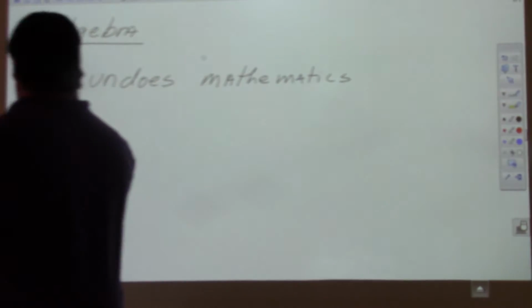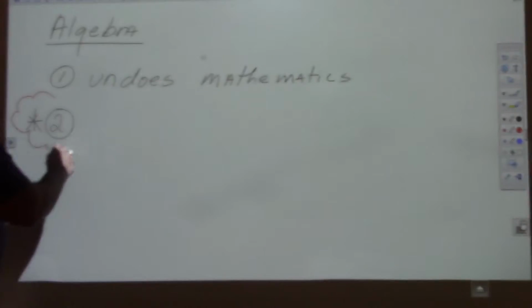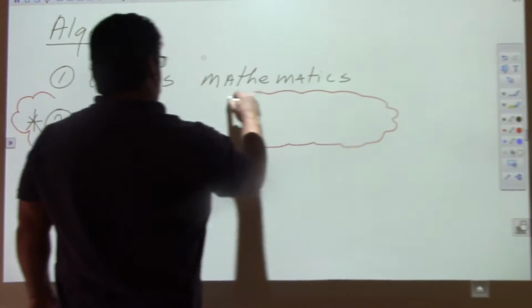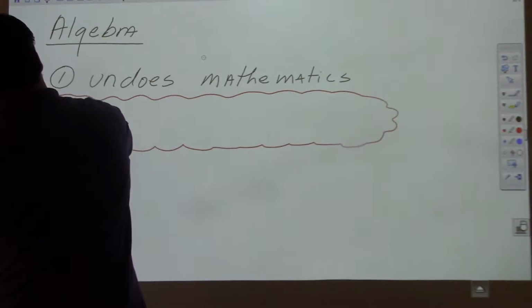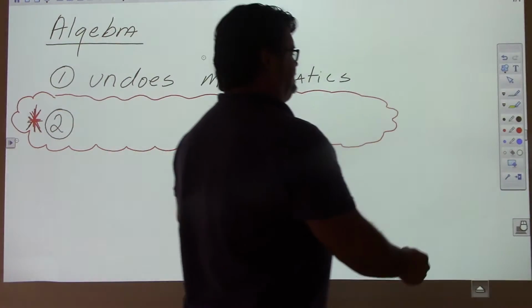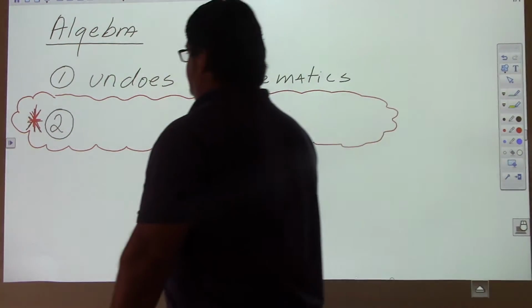Two, the main objective of algebra. This has a star beside it, and it's got a red cloud around it. Now, with a star beside it and a red cloud beside it, that might be telling y'all that it's what? Important. I'm going to just write it in red.